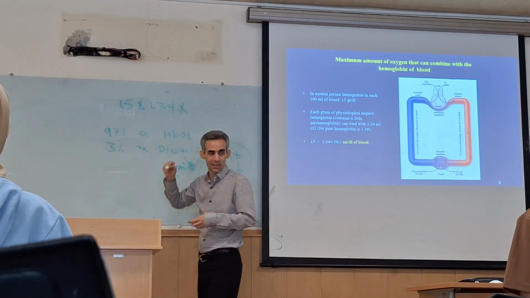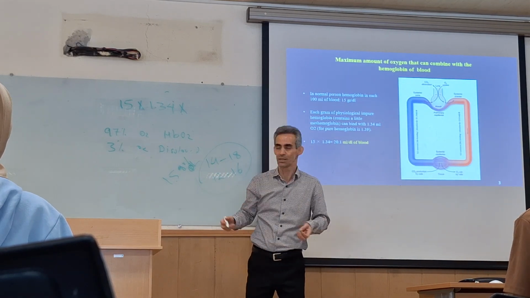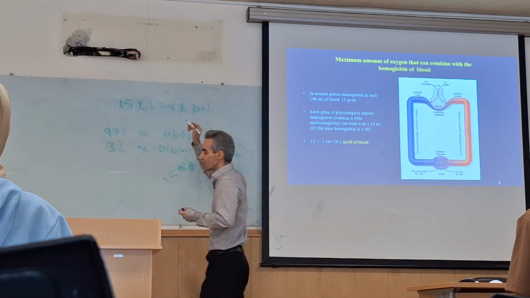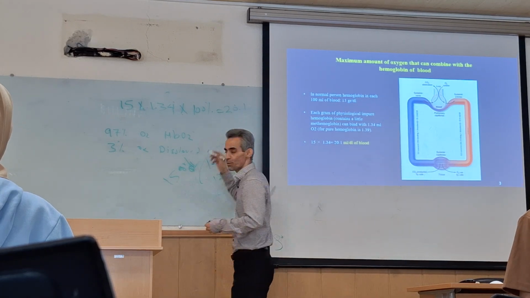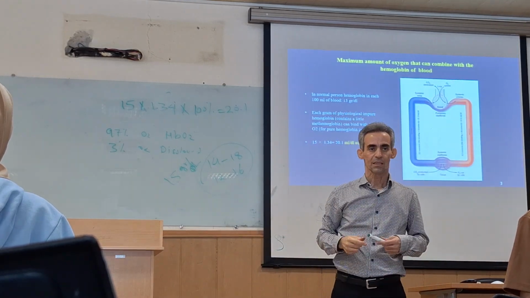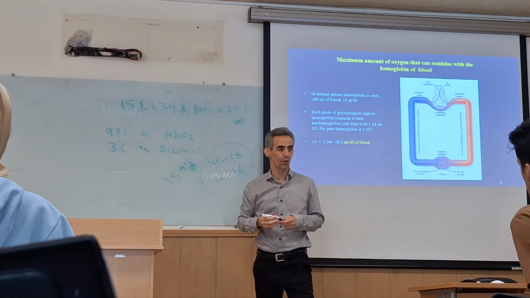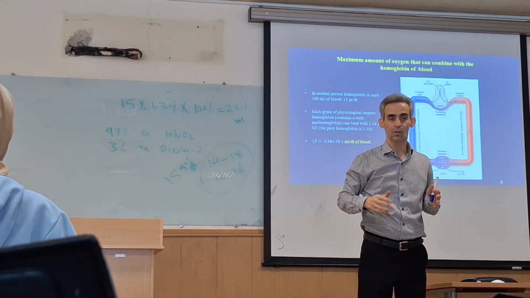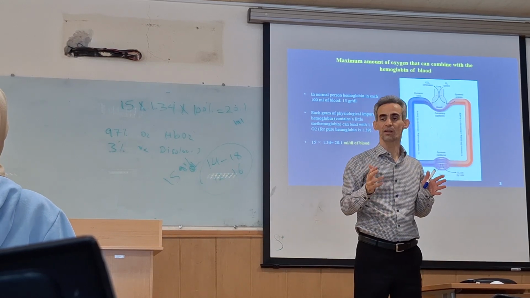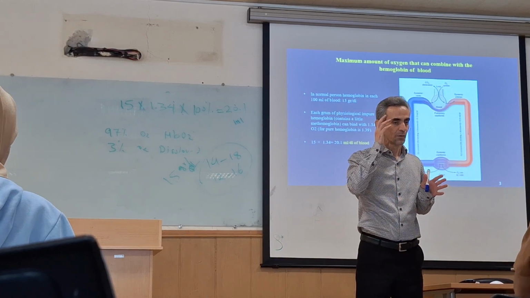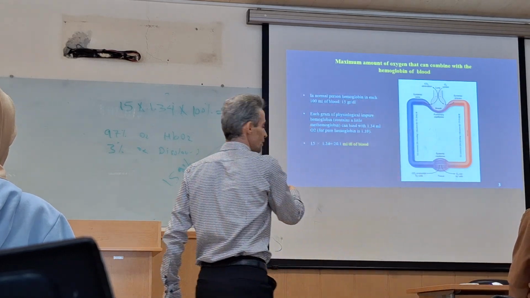And I told that the total hemoglobin is saturated, meaning 100%. By this you can reach this point, meaning that 20.1 milliliters of oxygen can bind by total hemoglobin in each deciliter of blood. Why? Because in each deciliter of blood we have only 15 grams of hemoglobin. You can see here this calculation.